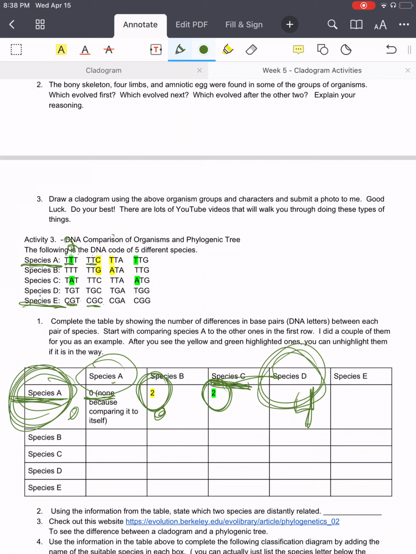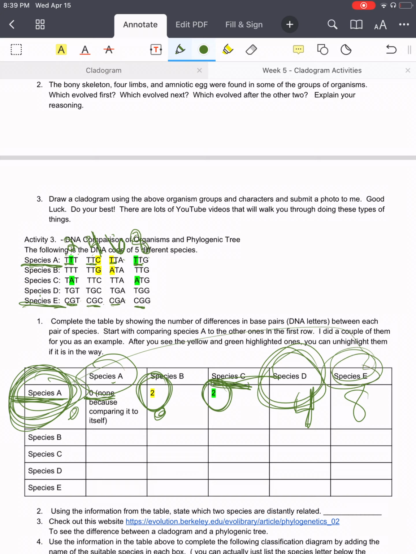So that's 2 more differences here. So I'm going to say 4 now. Then T, T, A to C, G, A. Well, that's 2 more differences. So now we're up to 6 differences. T, T, G to C, G, G. That's not the same. That's not the same. So we're up to 8 differences. There's 8 differences between A and E.